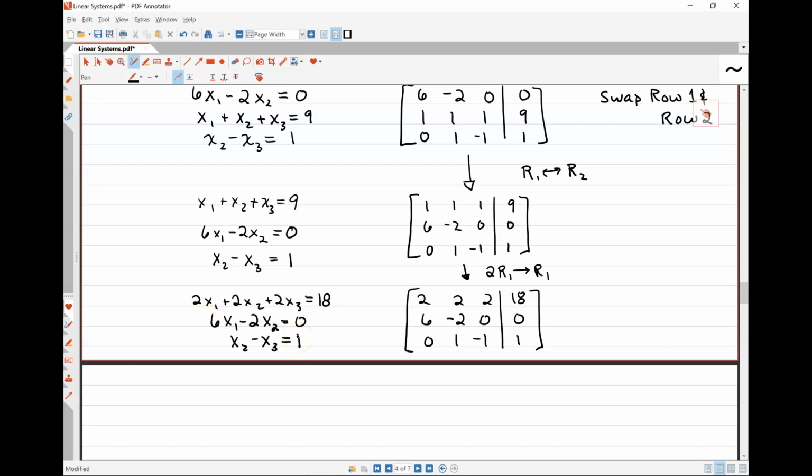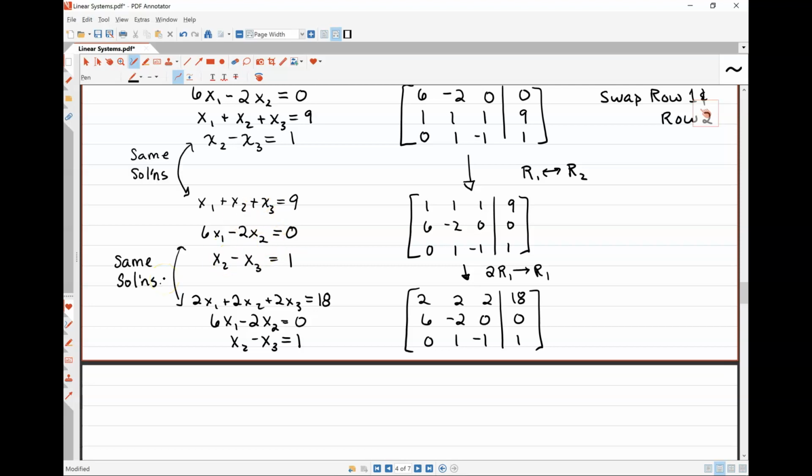You can see these two equations are exactly the same, and this one is just the original multiplied by 2. I could divide right back out by 2 and get back to the same equation. The set of solutions to this system is no different from the set of solutions of the other system. And this system is just that first system written in a different order.